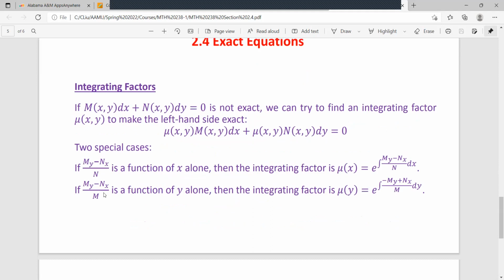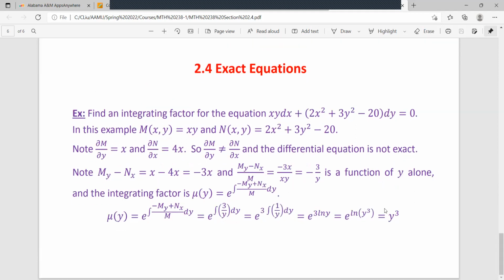So partial M partial y minus partial M partial x over M is a function of y, and the integrating factor will be mu of y equals e to the integral of negative partial M partial y plus partial M partial x over M dy. So just use the formula.